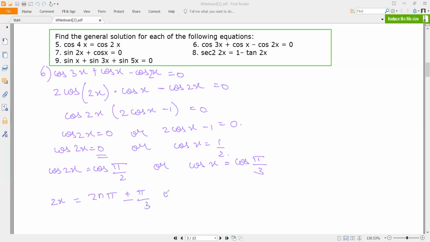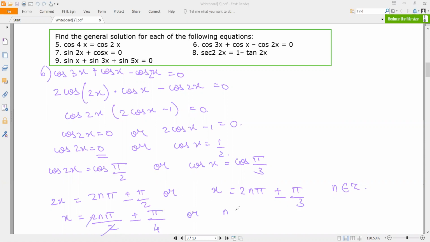You'll repeat the same for the second value. You'll cancel cos on both sides. You'll write the left hand angle as it is. You'll convert the right hand side pi by 3 in the general form, which is 2n pi plus minus pi by 3, and n belongs to z. Then you need the value of x, so 2 will go to the right hand side. x is equal to 2n pi divided by 2 plus minus pi by 2 divided by 2, which is pi by 4. 2 will get cancelled.